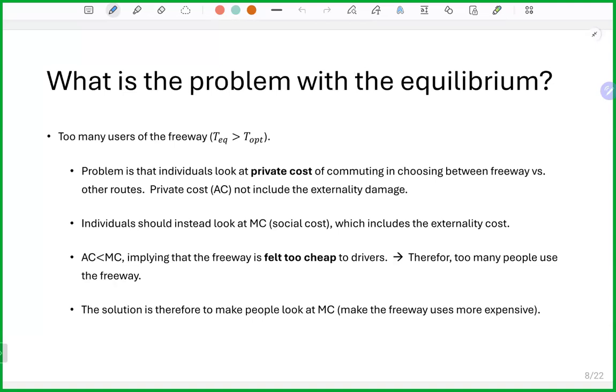Then how can you design this toll? If you charge a congestion toll, the toll should be designed such that tau is a function of t.